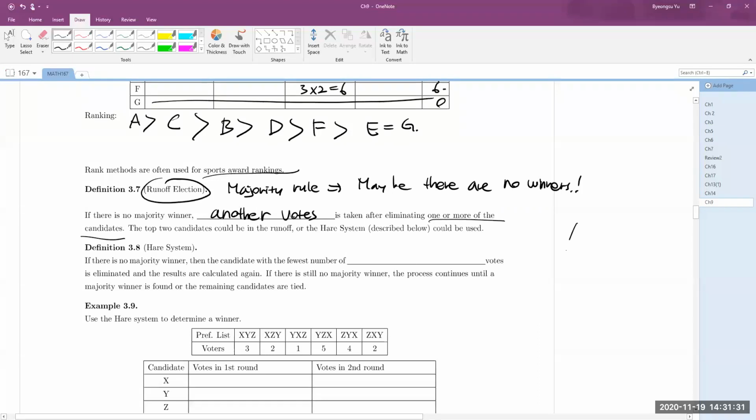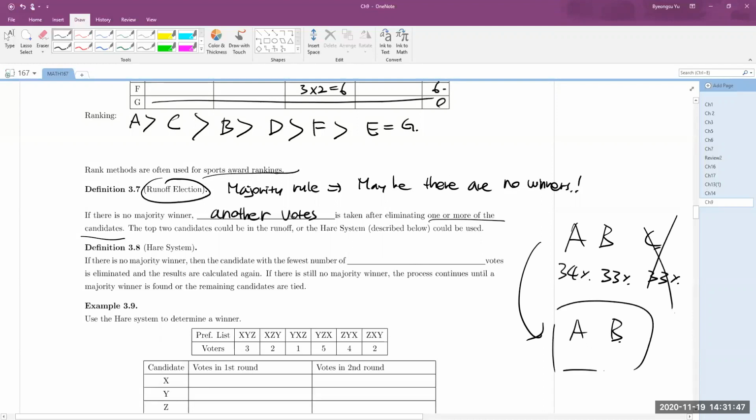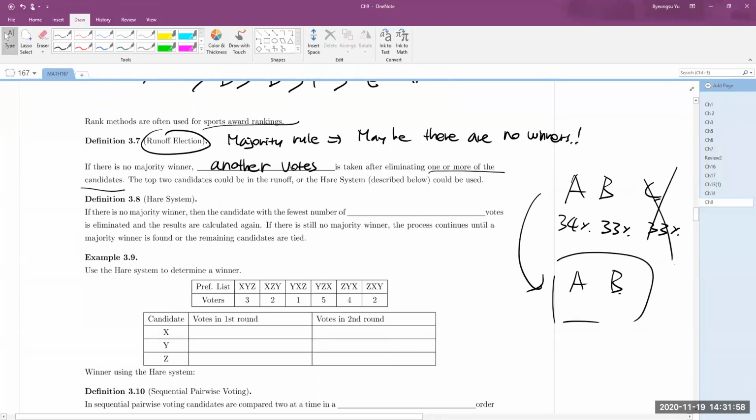So for example, if we had an election on A, B, C and A got 34%, B got 33%, C got 30%, then in the next round, we just drop C and take the election on A and B. This is the system used in Europe. Especially in France, in the first round they just look for a majority winner.